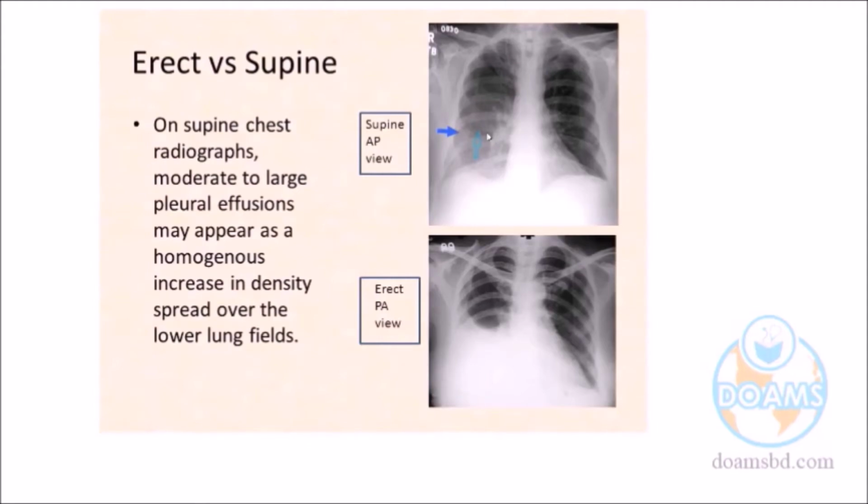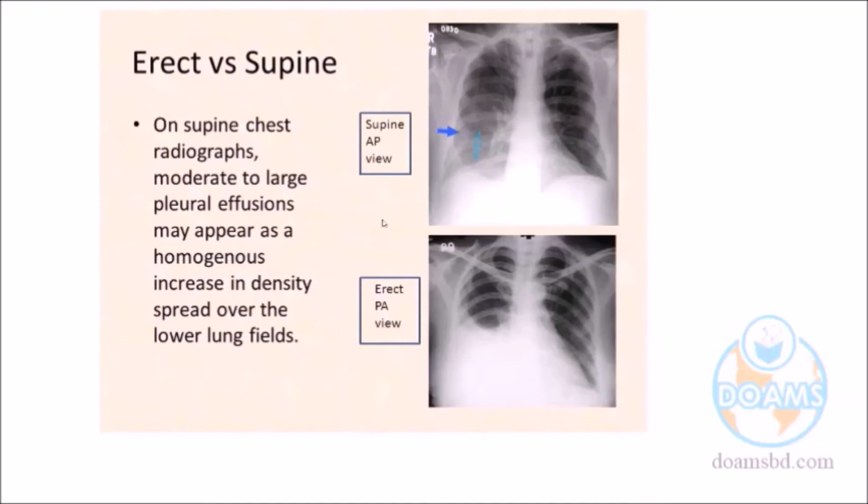Undergraduates or even junior doctors may say there is some opacity in the right mid or lower zone. But in the lying patient, the fluid is spread out and the dense opacity is gone. If you don't know that this is a supine X-ray, you may comment wrongly, maybe some other disease, not pleural effusion.